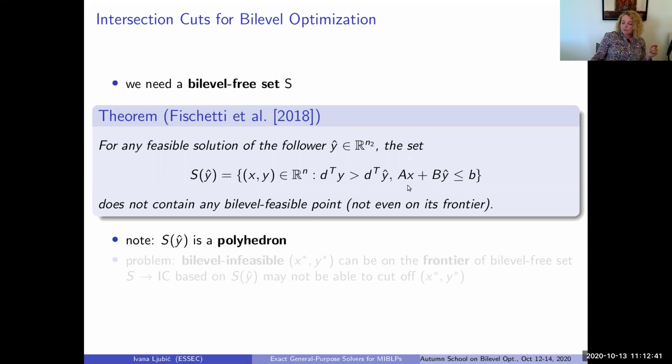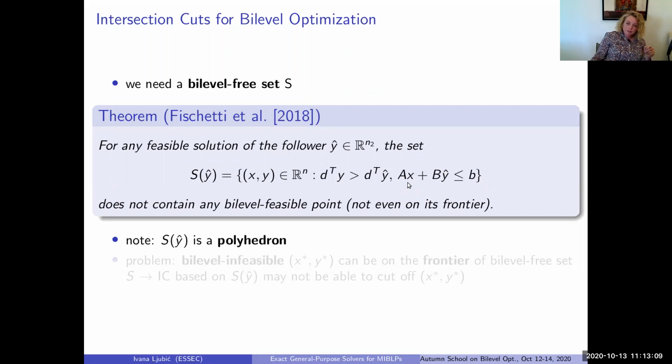Remember, we have the constraints at the follower level, which are describing, let's say, the feasible space of the follower, like AX plus BY less or equal than B. Now, if I take a feasible solution from the follower, let's call it Y hat, and if I plug it into these constraints, the solution is feasible, all these constraints have to be satisfied.